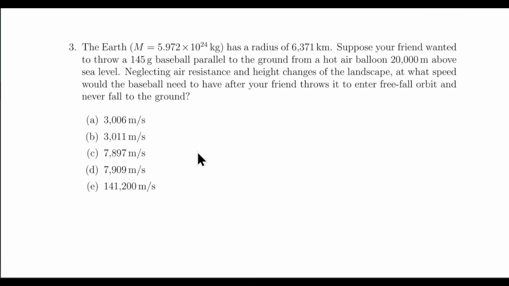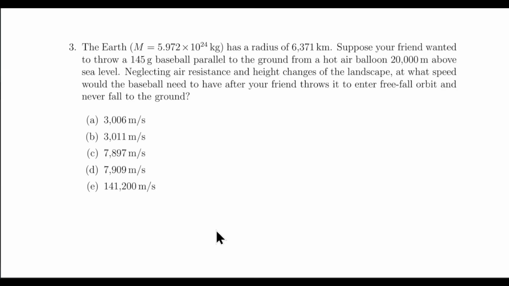Right. The next question: the Earth mass is given, and it has a radius of this. Suppose your friend wanted to throw a 145-gram baseball to the ground from a hot air balloon 20,000 meters above sea level. Neglecting air resistance and height changes of the landscape, at what speed would the baseball need to have after your friend throws it to enter the free fall orbit and never fall to the ground?